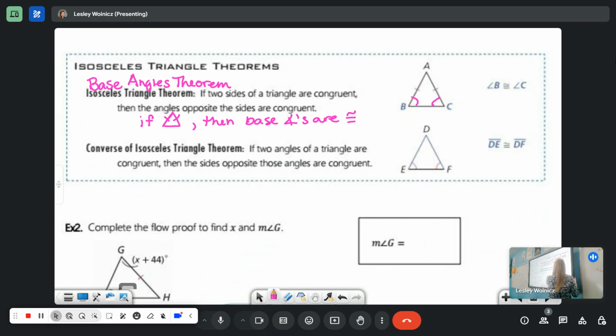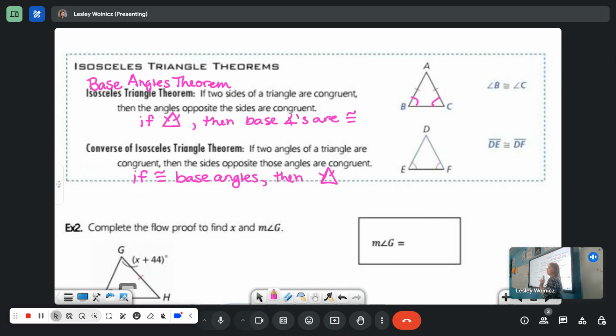So if we have congruent base angles, okay, then we have an isosceles triangle, and it has to be the two sides that are opposite the base angles.